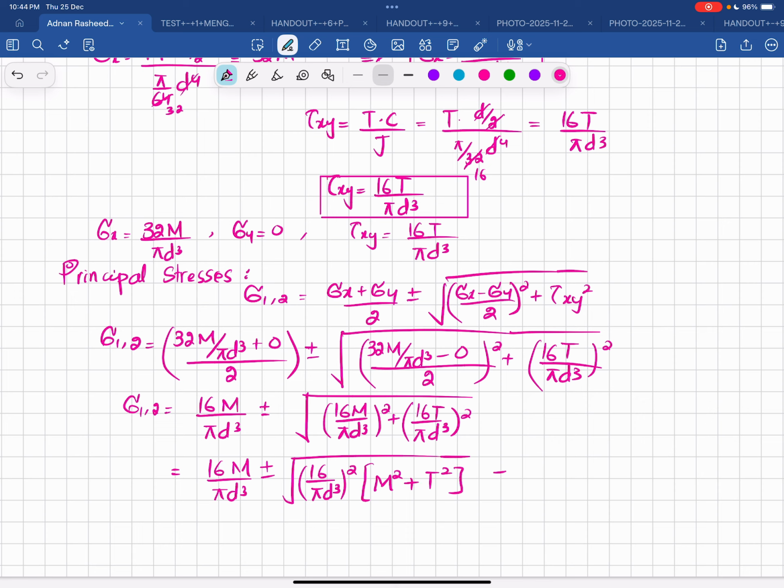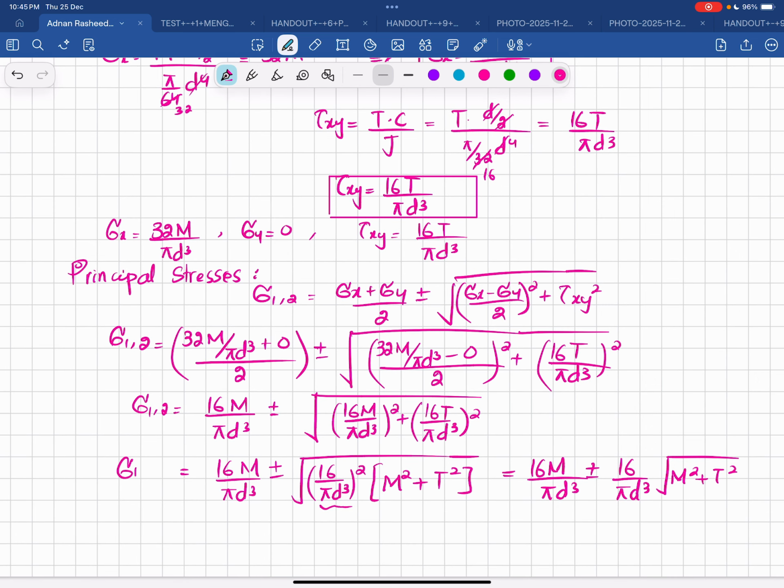So making this term out of the square, it will be 16m over pi d cube plus minus 16 over pi d cube, because the square will cut with the square root and we will be left with m square plus t square.